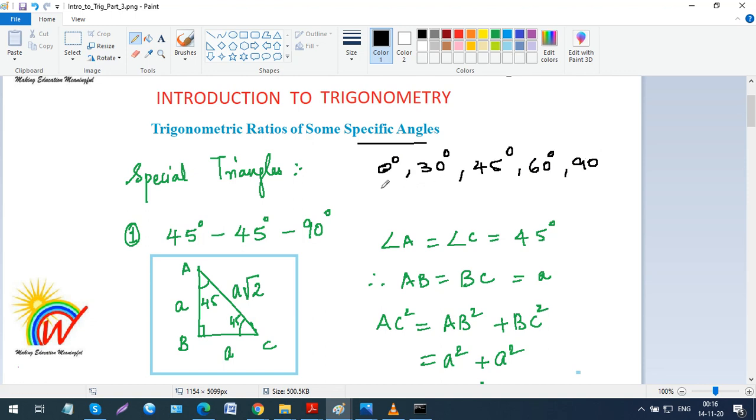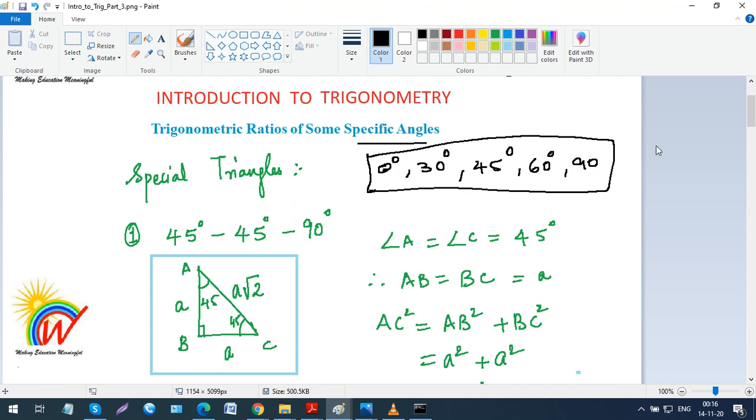For these five, we'll find the values without using the calculator. The calculator will give you the answer for sine of 40 or sine of 50, but we need to do it without the help of a calculator, and we can do it for these angles very easily.